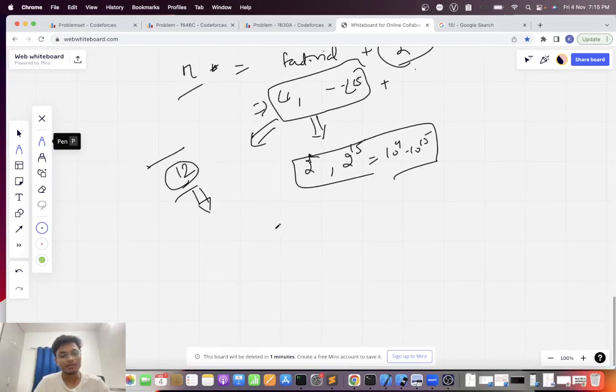So 12 can be represented as 8 plus 4. Every number can be represented in the form of bits. So 2 to the power 3 and 2 to the power 2, that is 1, 1, 0, 0. Every number can be represented as powers of 2 in bit form.